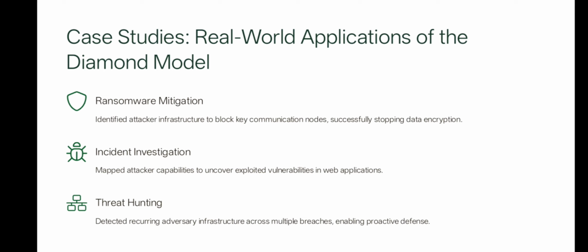3. Threat hunting. Overview. A multinational manufacturing company conducted a proactive threat hunting operation in 2024 after suspicious behavior was observed across geographically distributed facilities. Diamond analysis. Adversary: a state-sponsored group associated with industrial espionage, previously identified by national CERTs.